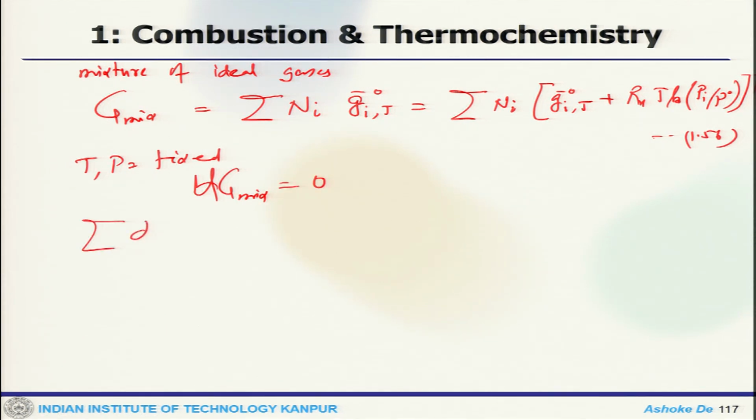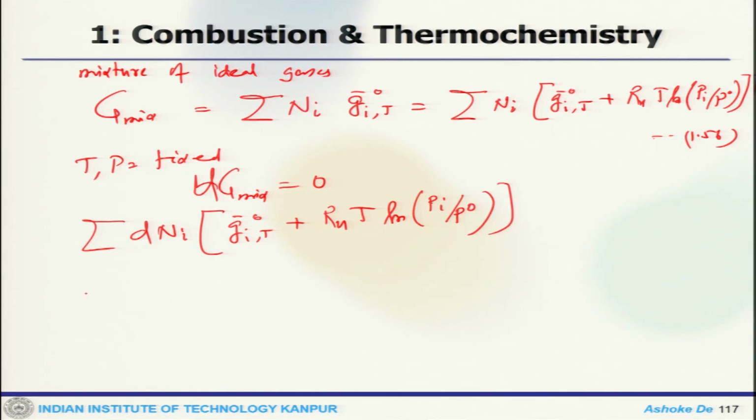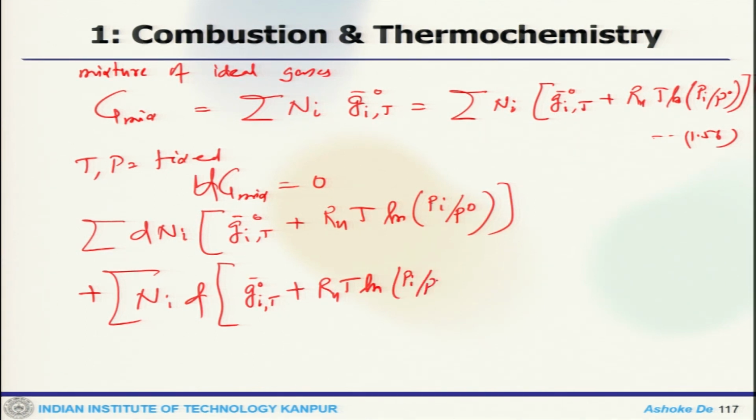So, that is the summation of dN_i [G_i naught at T plus Ru T ln(P_i/P naught)] plus the summation of N_i d[G_i(T) plus Ru T ln(P_i/P naught)].